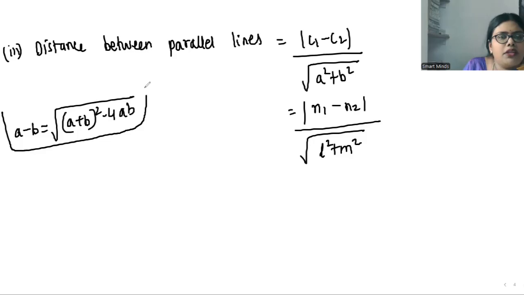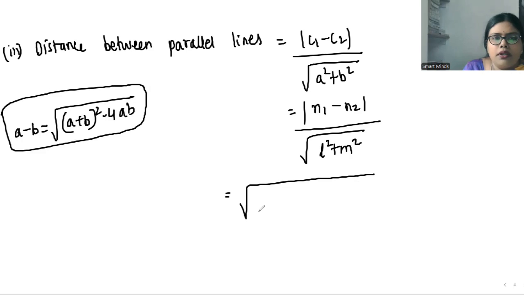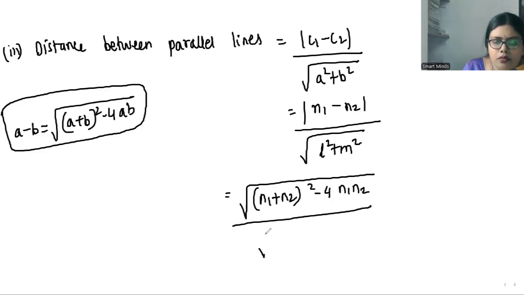This formula we will use when the expression is given in terms of A minus B and we want it in terms of A plus B. So that is equal to under root N1 plus N2 whole square minus 4 N1 N2 by root over L square is A and M square is B.